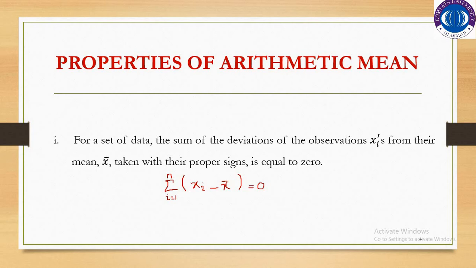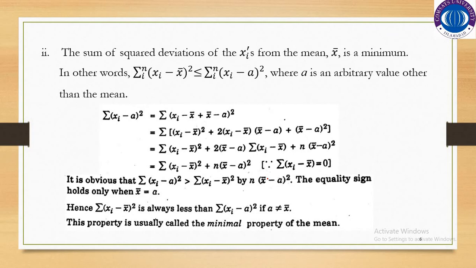So when you take the deviations and sum them, the answer will be 0. This would be summation xi minus x bar. We can prove this mathematically also.